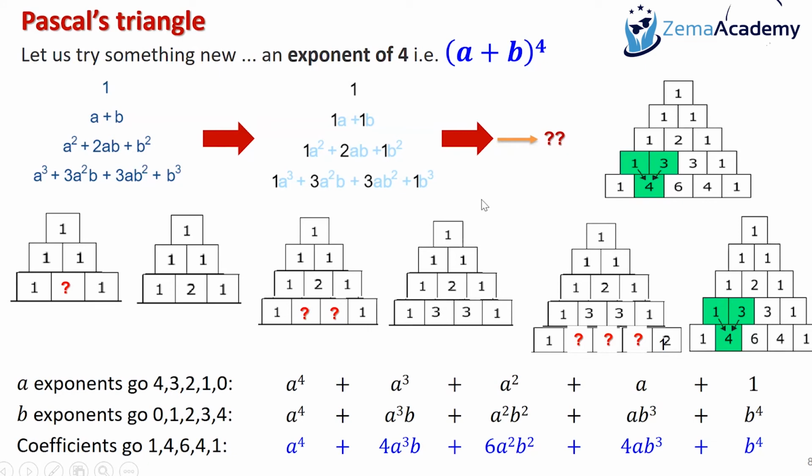Now coming back, when you expand a plus b to the power 4, this is how it is happening: a will go from power 4, 3, 2, 1, 0. b will go to b to the power 0, b to the power 1, b square, b cube, and b to the power 4. This is how you will come up with the expression terms.